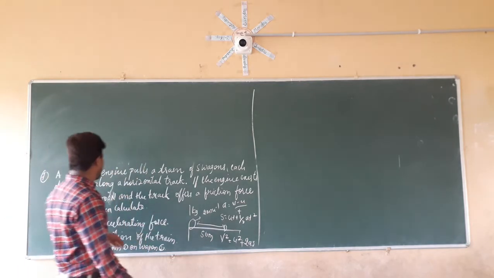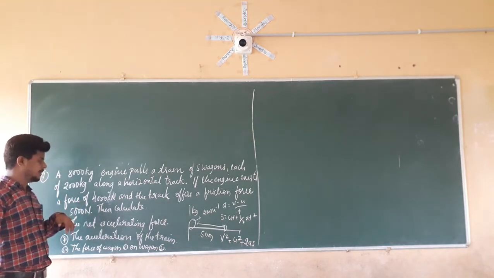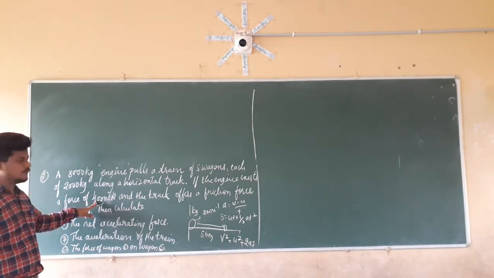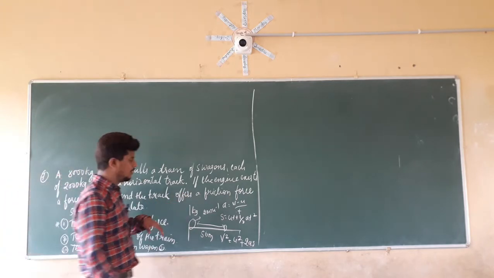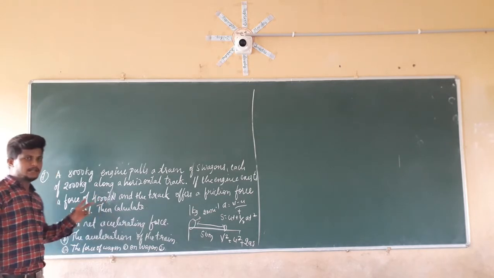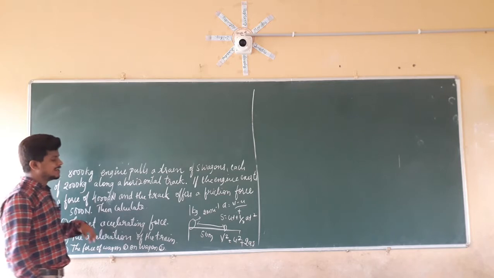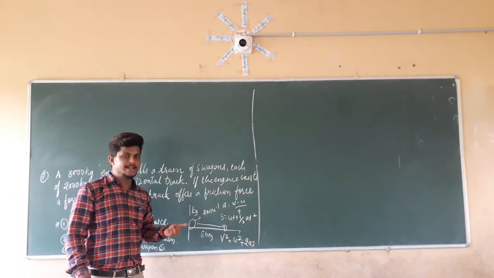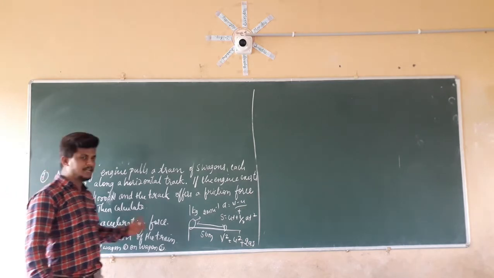If the engine exerts a force of 40,000 Newton, and the track offers a frictional force of 5,000 Newton, then calculate A. First question, the net accelerating force. Second question, the acceleration of the train.